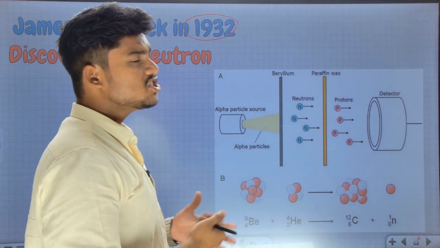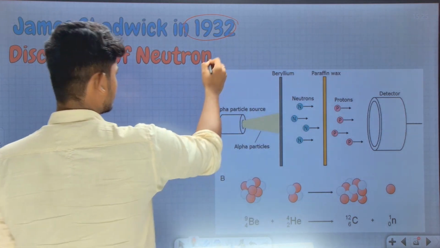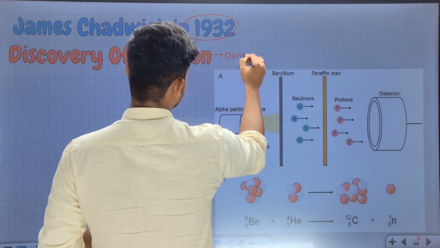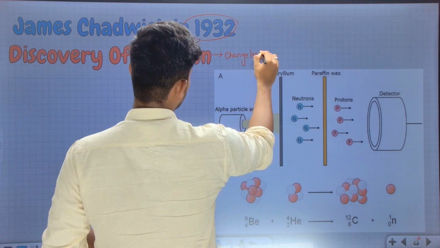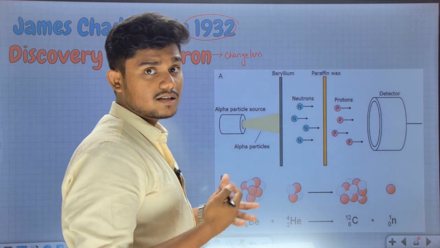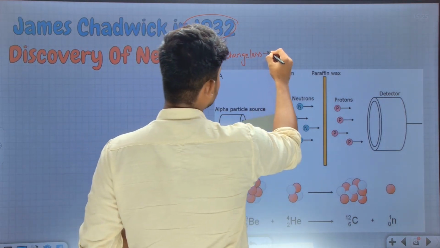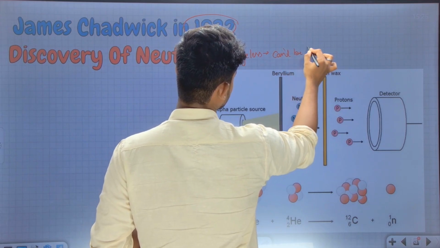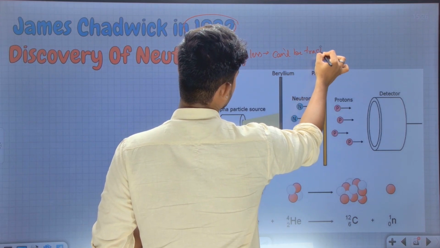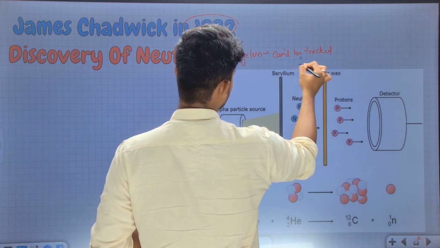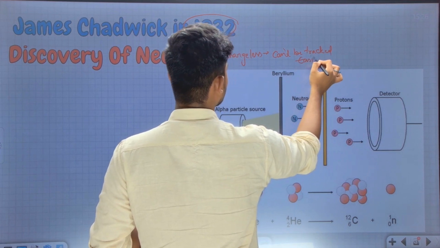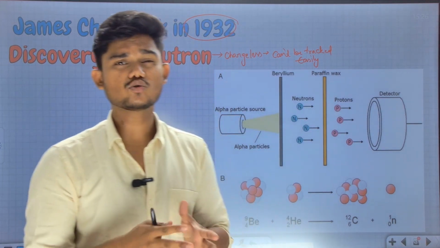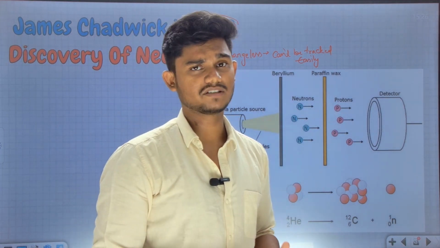Neutrons are chargeless bodies, and since these are chargeless bodies, they cannot be tracked easily, and hence it took a lot of time to discover them.